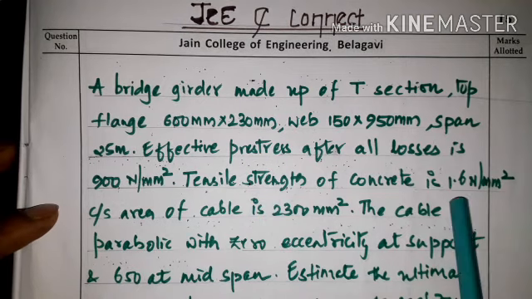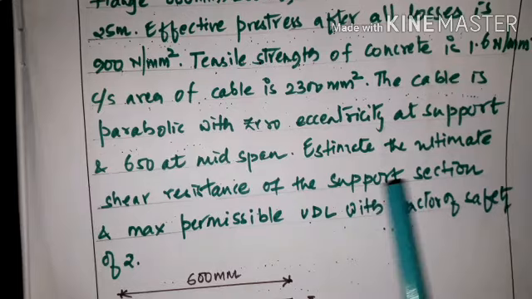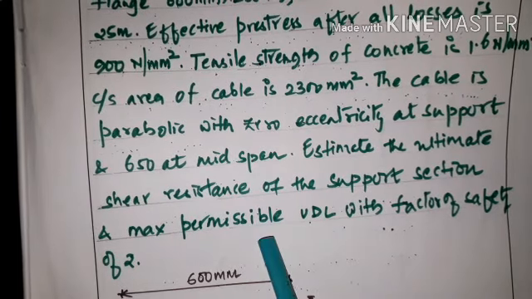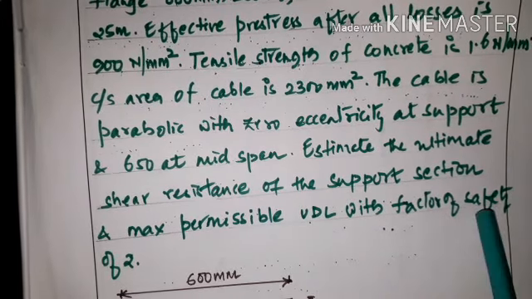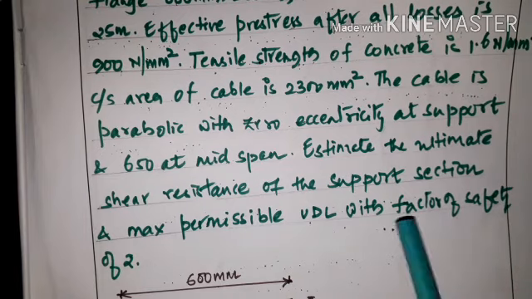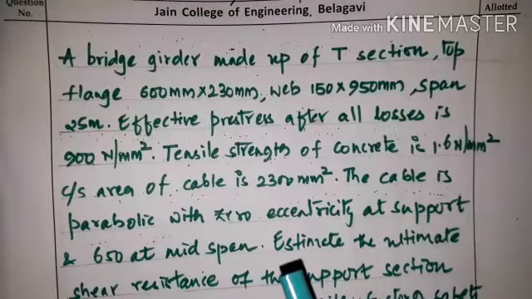The cable is parabolic with 0 eccentricity at support and 650 mm at midspan. Estimate the ultimate shear resistance of the support section and the maximum permissible UDL with factor of safety of 2.